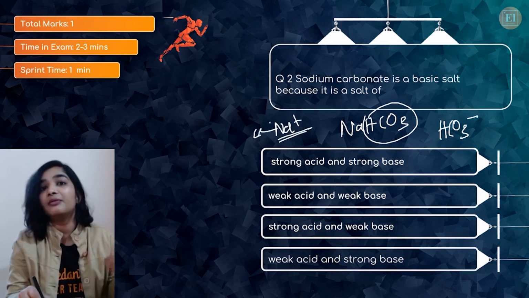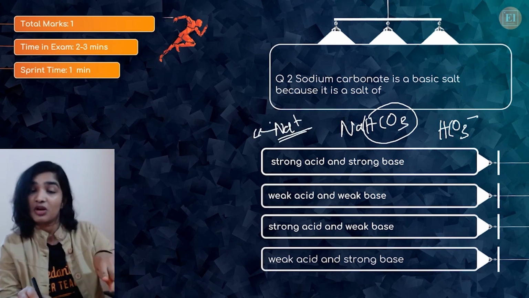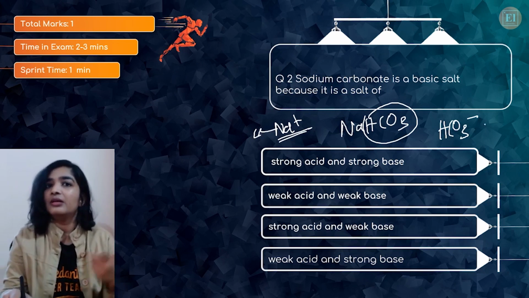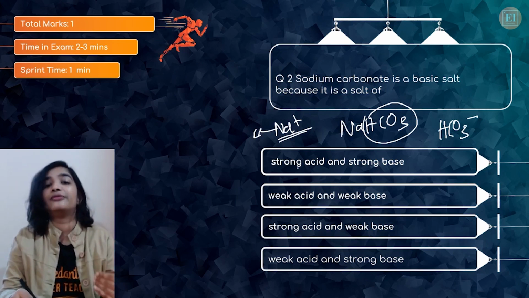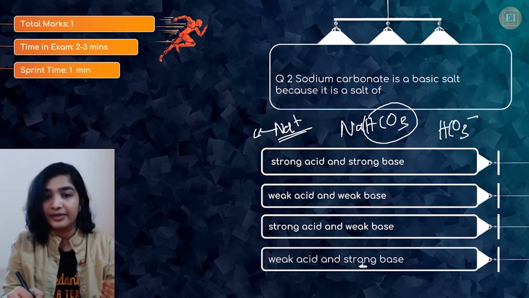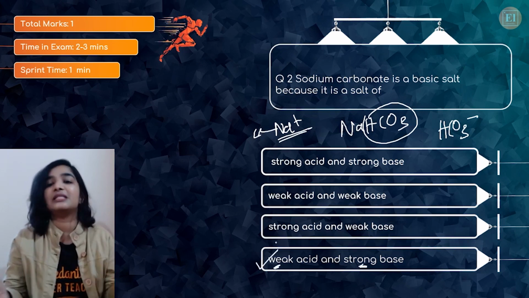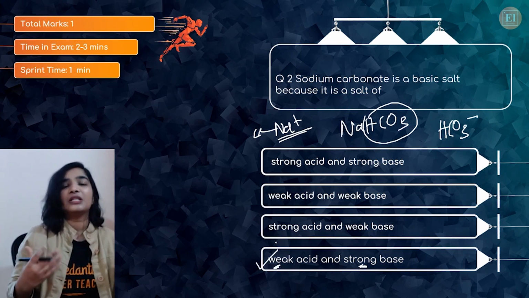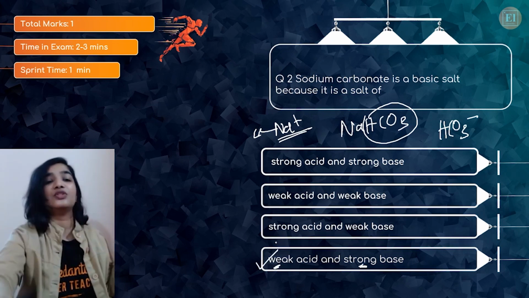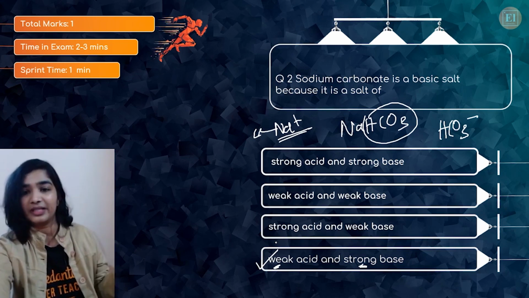So Na+ has come from NaOH, which is a strong base, and HCO3 from H2CO3. As it is a salt of a strong base and weak acid, it is a basic salt. Obviously a basic salt should be a salt of a weak acid and strong base. So option D will be the right answer.